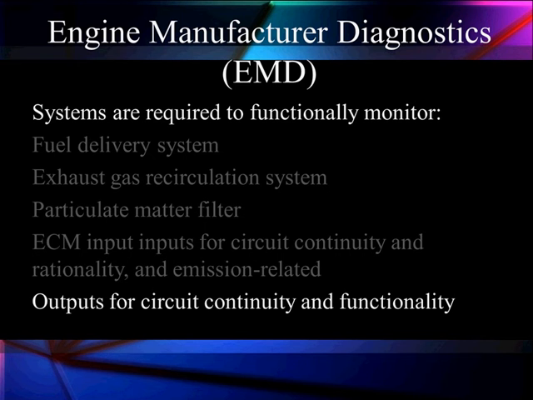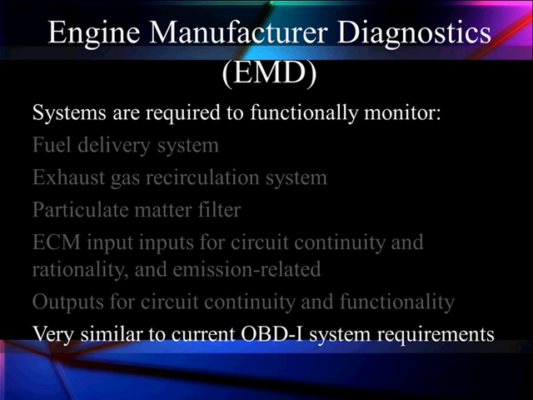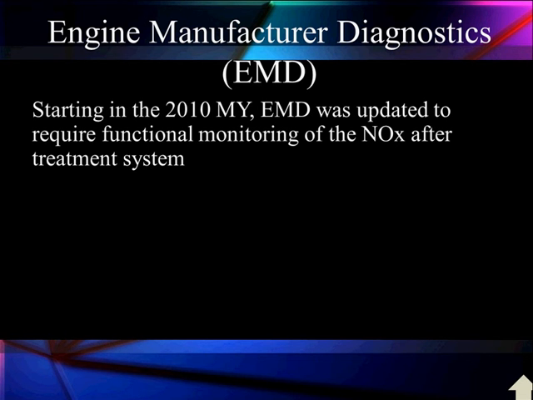It looks for outputs for continuity and functionality. It's very similar to OBDII, as we said. Starting in 2010, it is now updated to require functional monitoring of the NOx after-treatment system. So while you have a lot of the same stuff we had before, it's going to be very much like OBDII. We'll have a lot of the same information available to us.